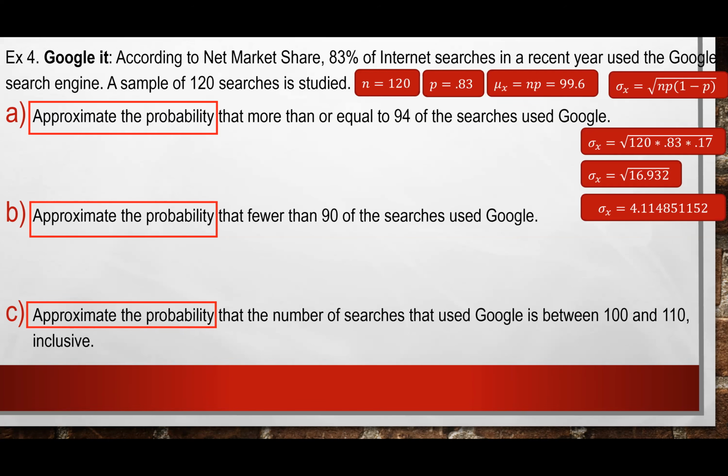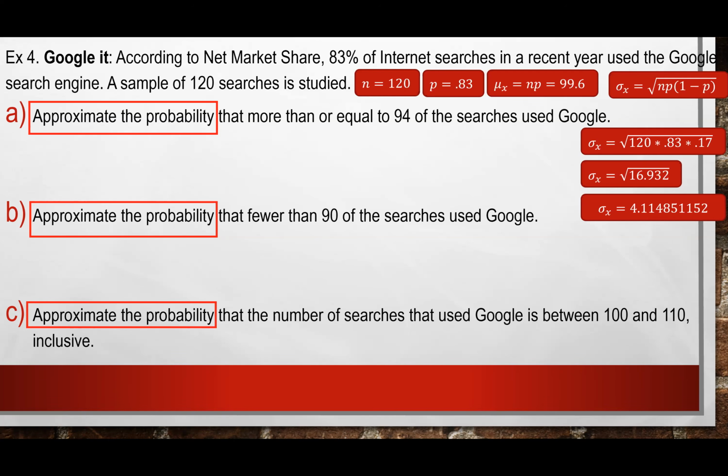If you don't, you have to use at least 6 decimal places, 4.114851. Don't use 4.1, because if you use that, your answer will be a little bit bigger or smaller than the actual answer.